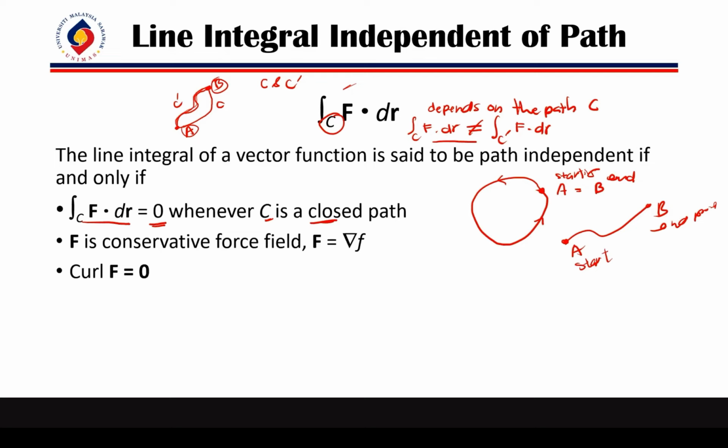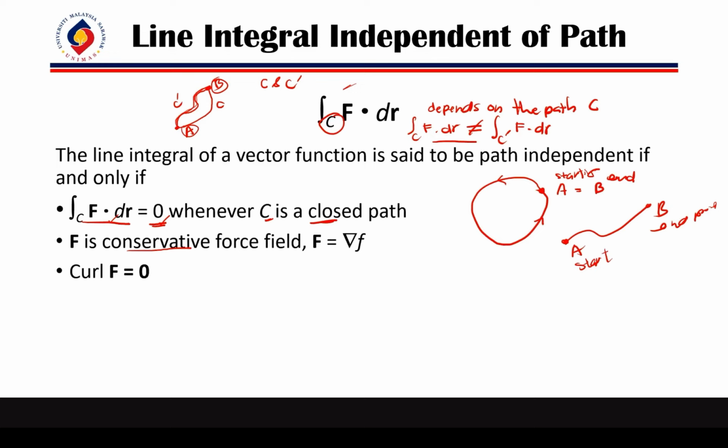Only if the path C is a closed path do we consider this line integral equal to 0. Alright, so F is a conservative force field.